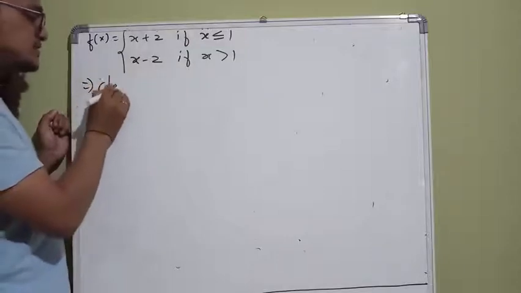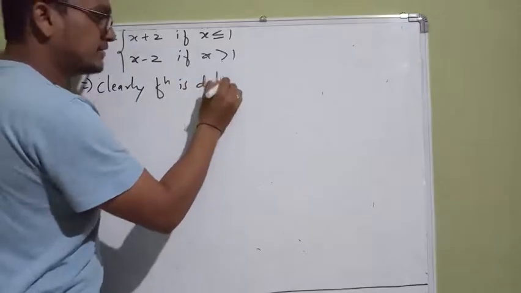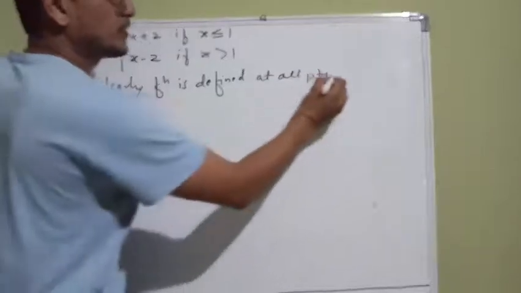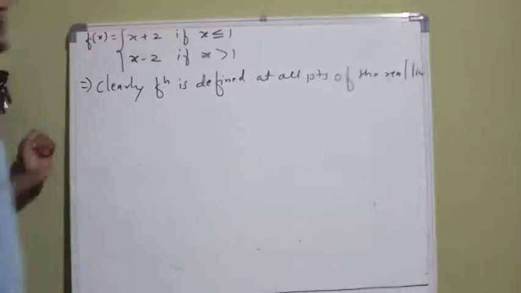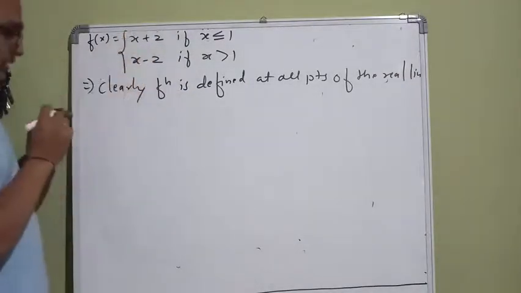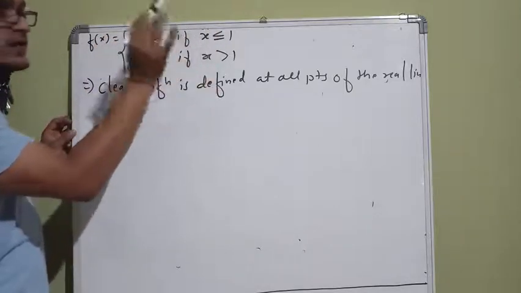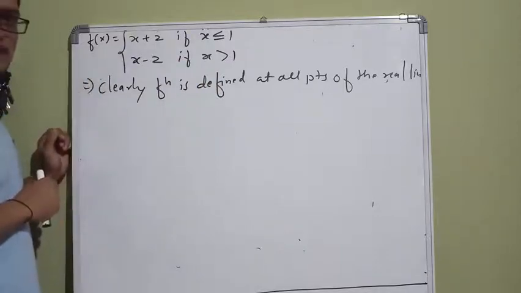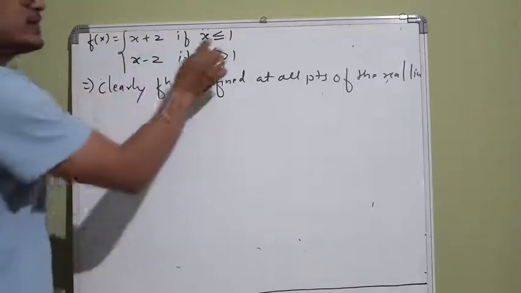So you write that sentence clearly: the function is defined at all points of the real line. Now whenever we have a function of this type, less than and greater than, and the continuity point is not mentioned, that example can be simplified in 3 steps. Here the limit point is what?